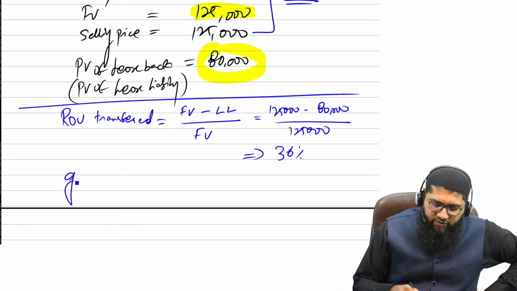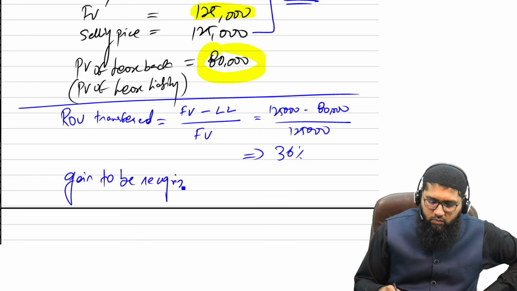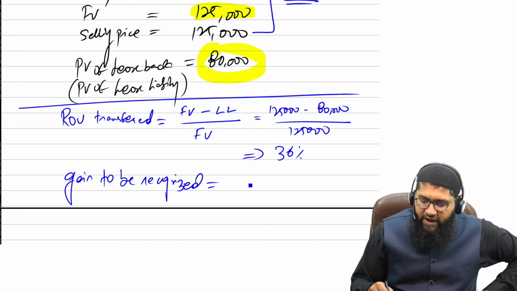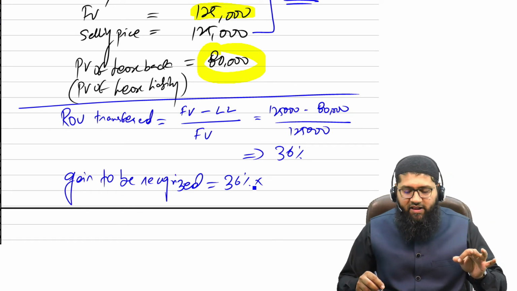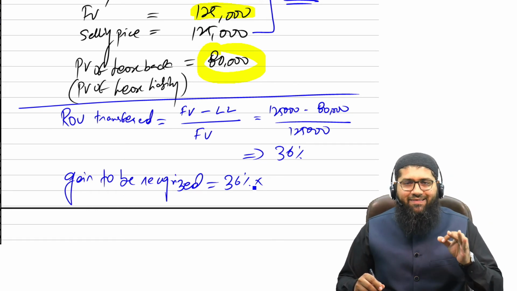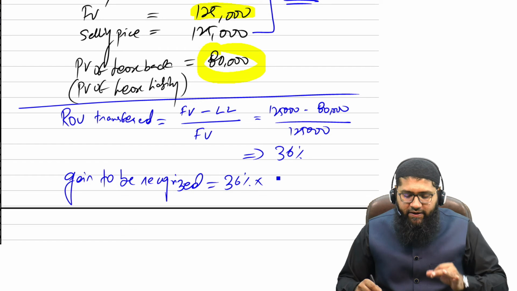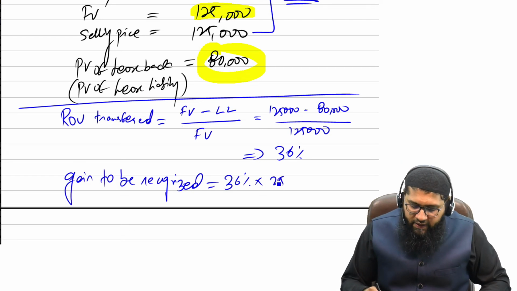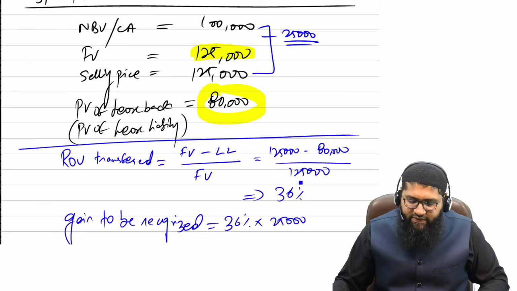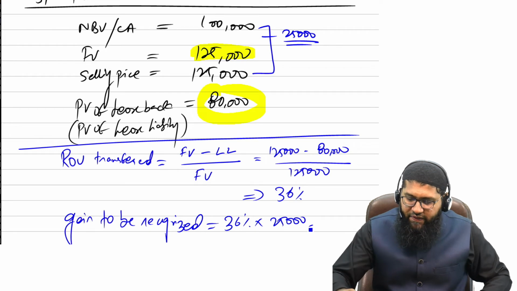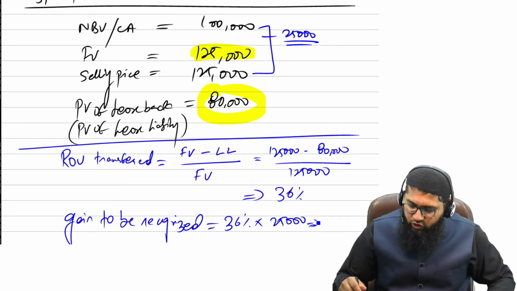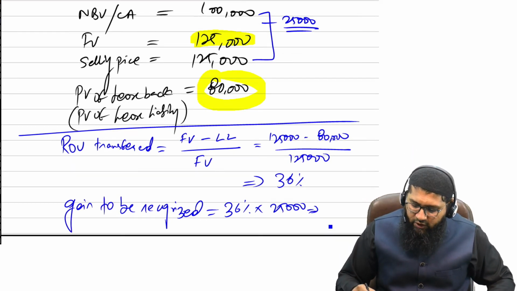So the gain that you're going to recognize is 36% multiplied by the gain amount, which was 25,000. Resultingly, it turns out to be 9,000.